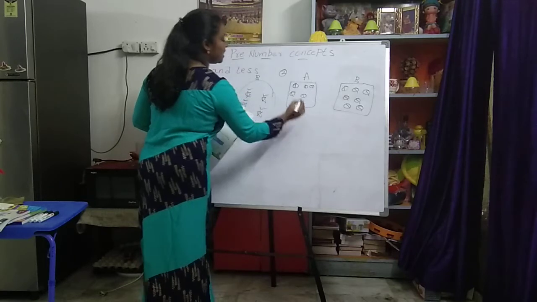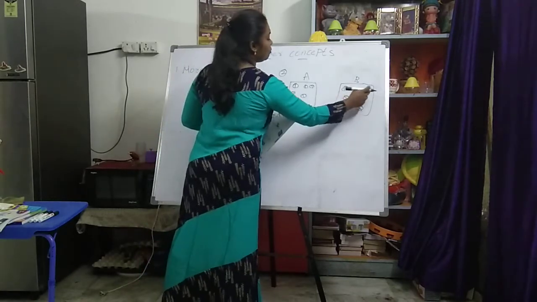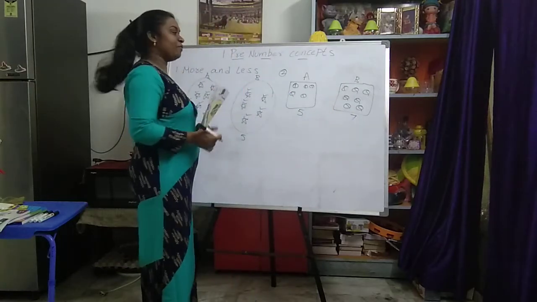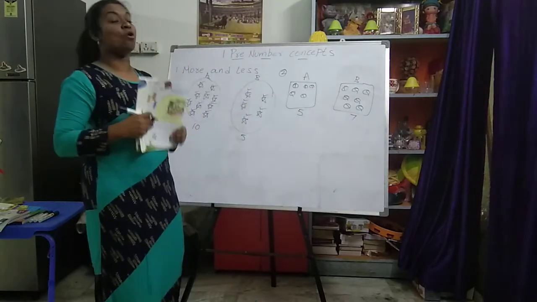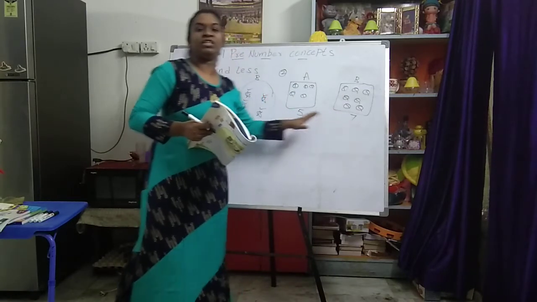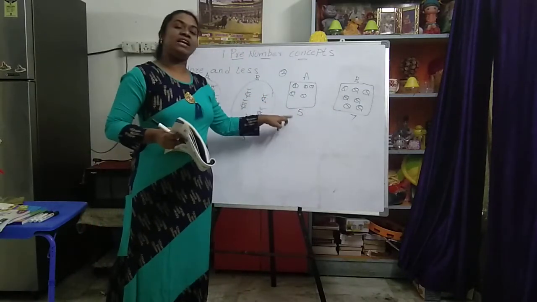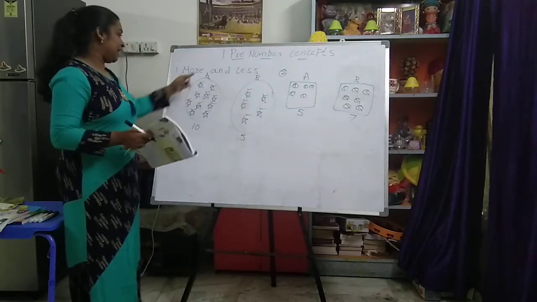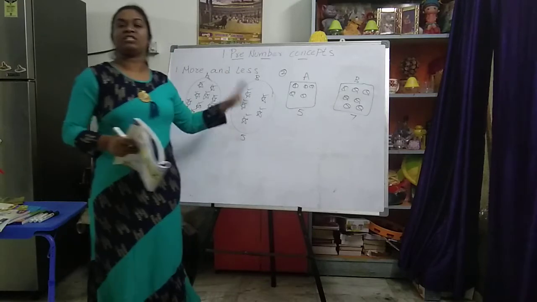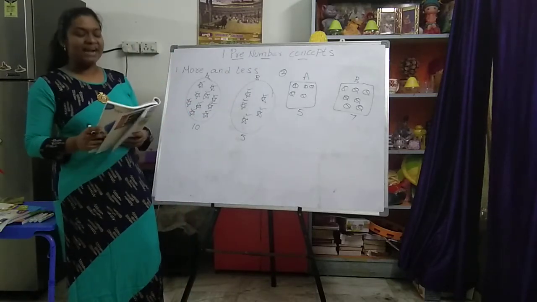There are 5 balls. In B, 1, 2, 3, 4, 5, 6, 7. There are 7 balls. Now which box is having more balls? B is having more balls, and A is having less balls. So this is the concept of more and less.